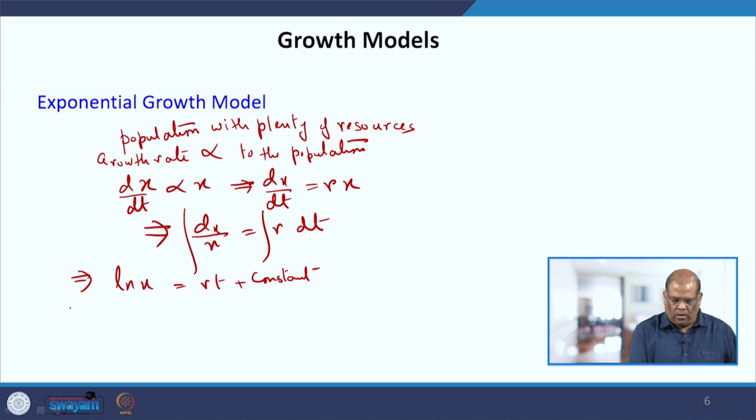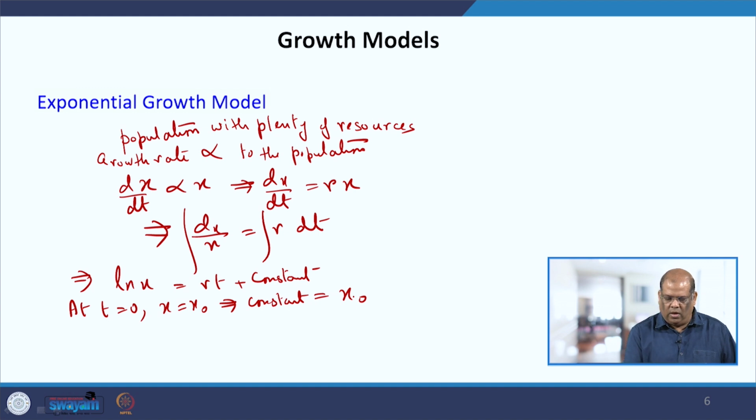If we take the initial condition, say at t equal to 0 your population is x0, this will imply the constant is log of x0. If you substitute it here, you will get ln x equal to rt plus log of x0.